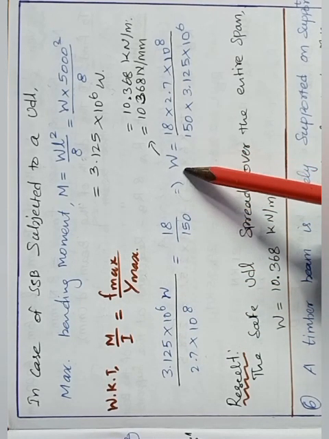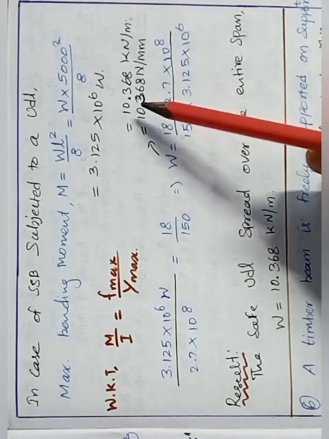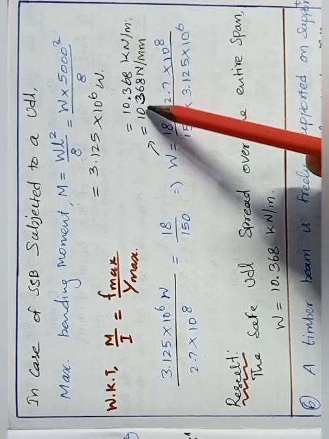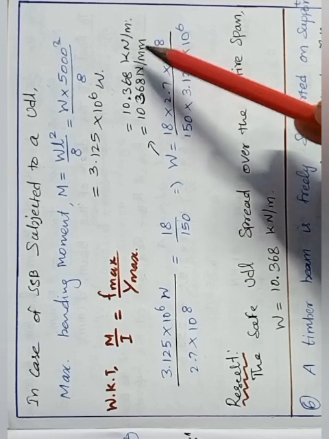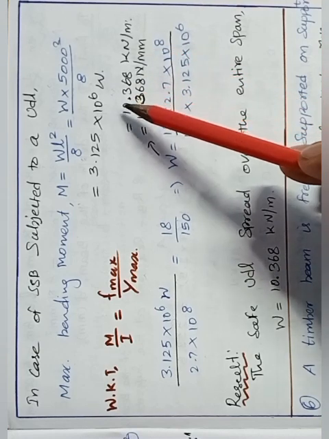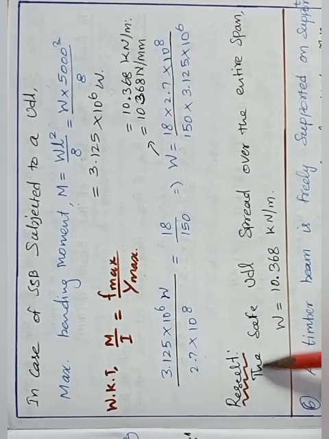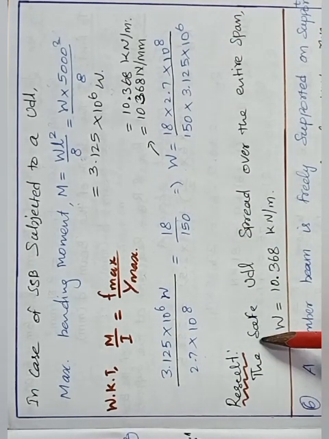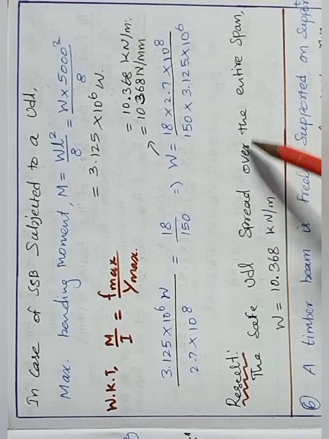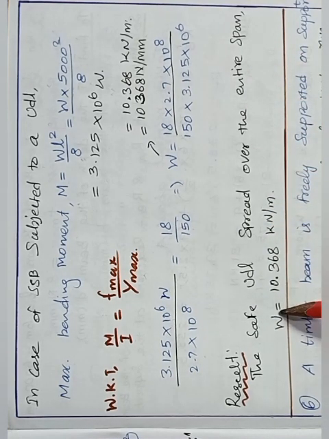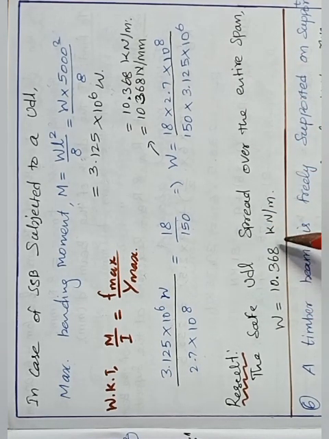From this we got W equal to 10.368 Newton per mm, that is 10.368 kilonewton per meter. So finally we write down the result. The safe UDL spread over the entire span W equal to 10.368 kilonewton per meter.